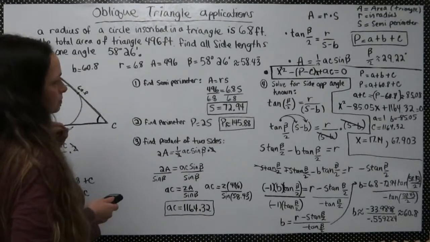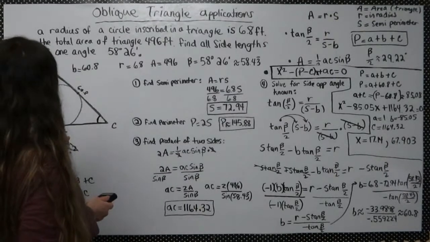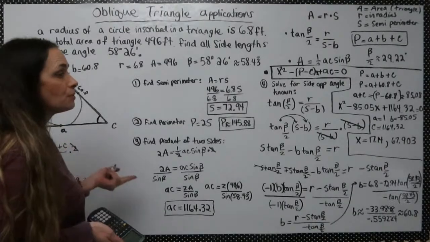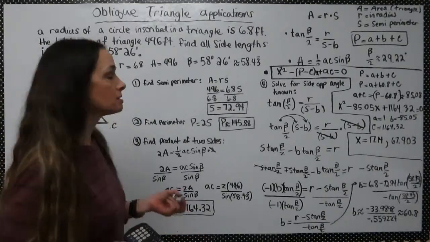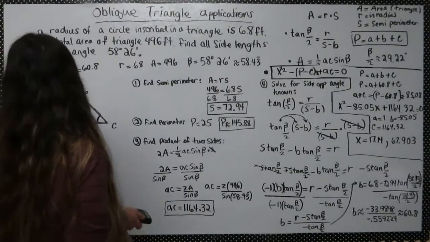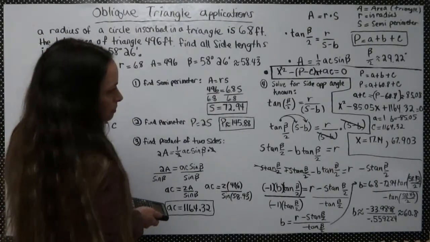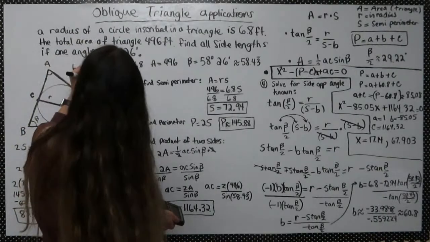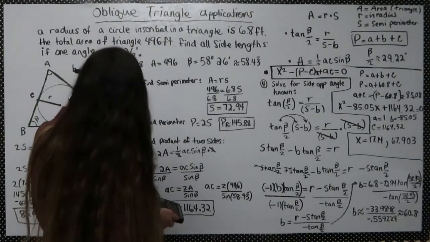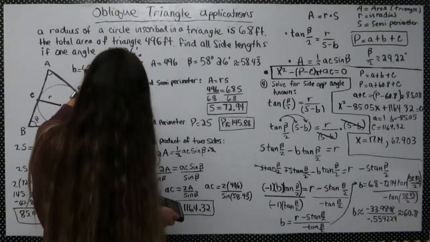So the other two side lengths of the triangle, I guess since we don't know the angles, then we can just guess, since it doesn't matter. If the angles were known, it would be another story. But we've got A equal, we'll just say it's the smaller one, 17.1.